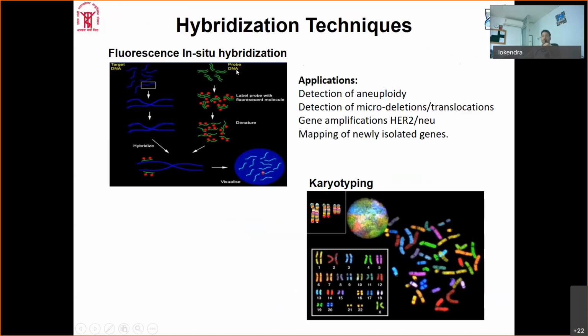A probe or DNA can be designed and labeled with various fluorescent molecules, and then it is denatured. At the same time, the target DNA, in the form of a metaphase plate or by various methods, is fixed, the chromosomes are fixed, and then you can hybridize it with the known labeled probe, and then it can be visualized later on.